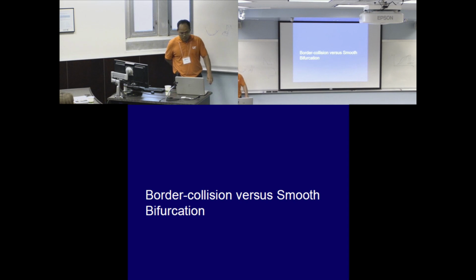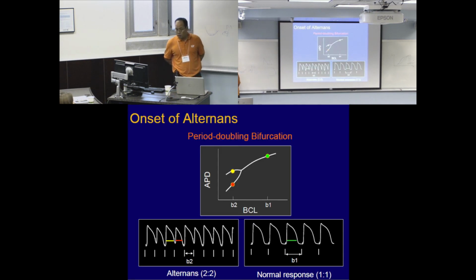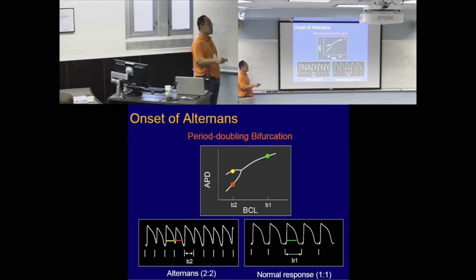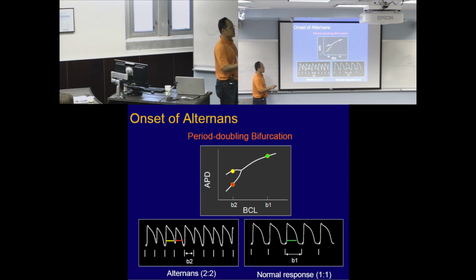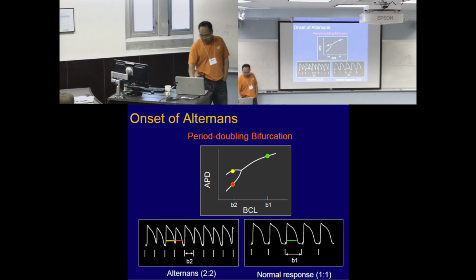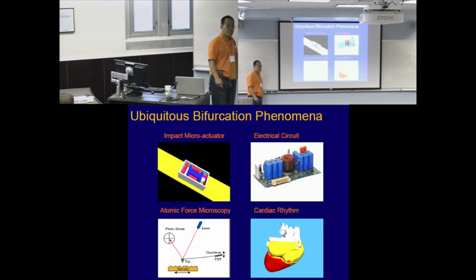Okay, so let me move on to the next topic. Alternans is basically a period-doubling bifurcation. If we collect the steady state APD at the different BCL levels, you're going to see a bifurcation curve like this. Period-doubling bifurcation occurs in many different systems, right?